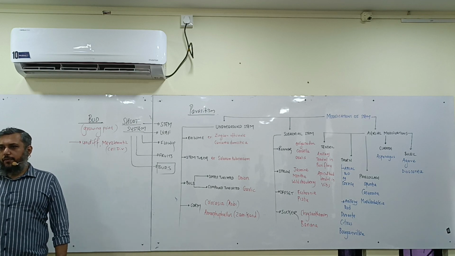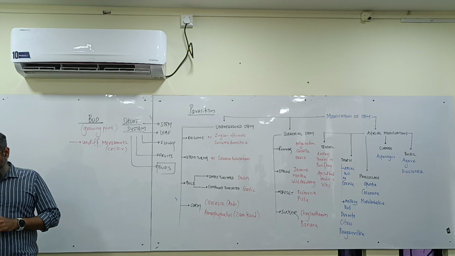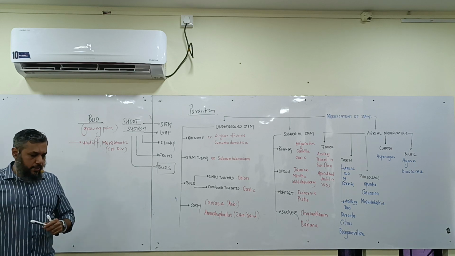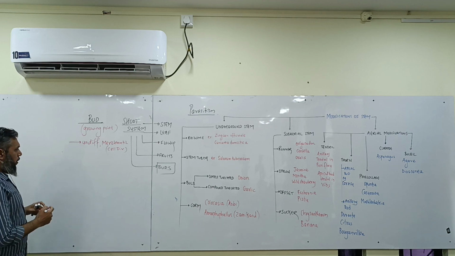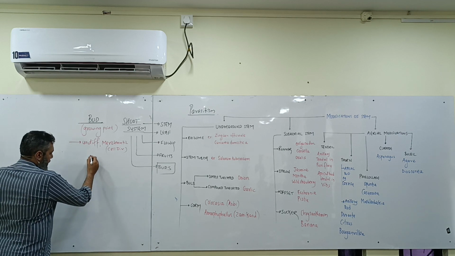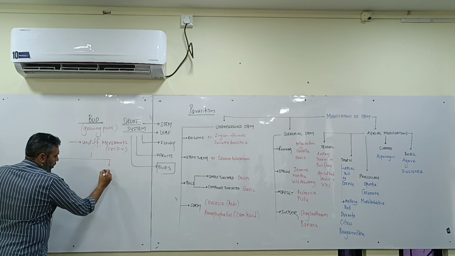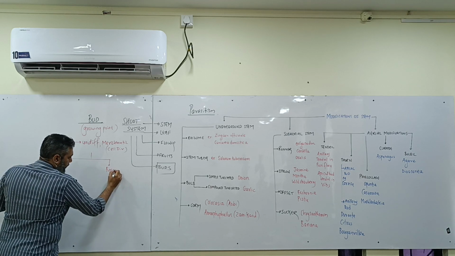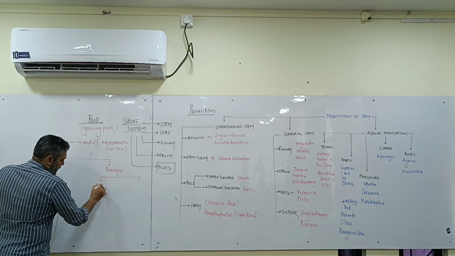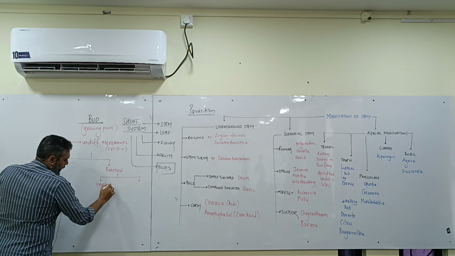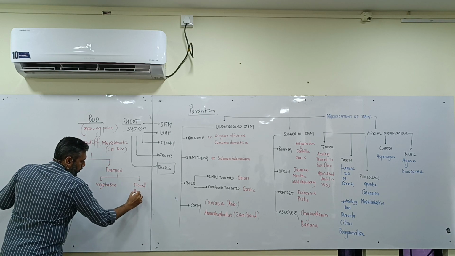Okay? So I define the bud as a young group of dividing cells. Young group of dividing cells. Undifferentiated and meristematic. We can classify them, on the basis of their function, a bud can be classified as a vegetative bud or a floral bud.